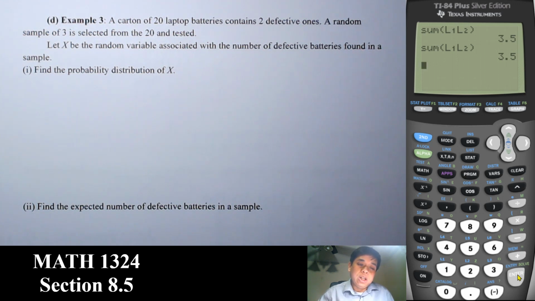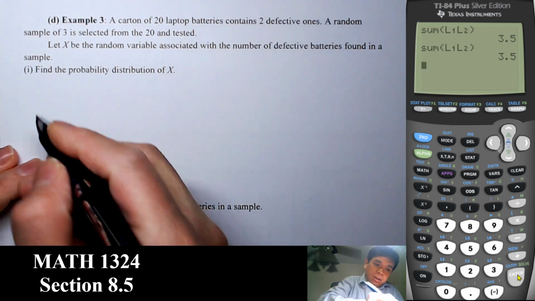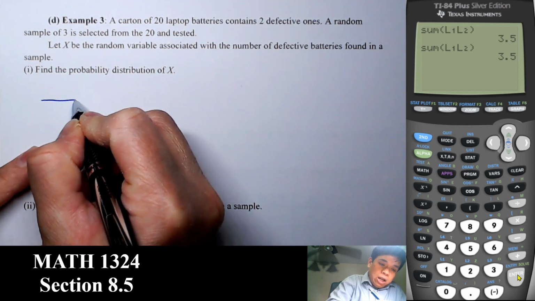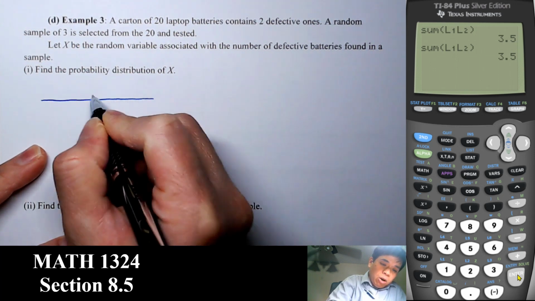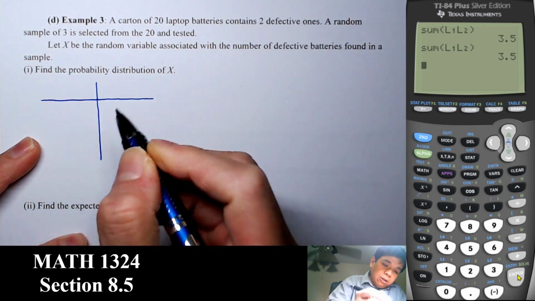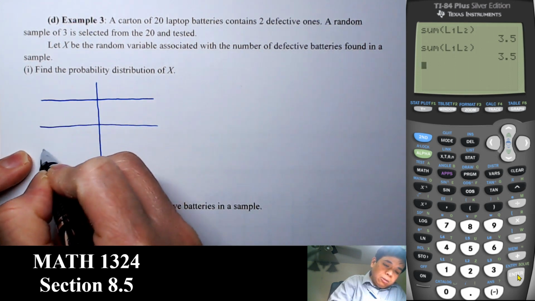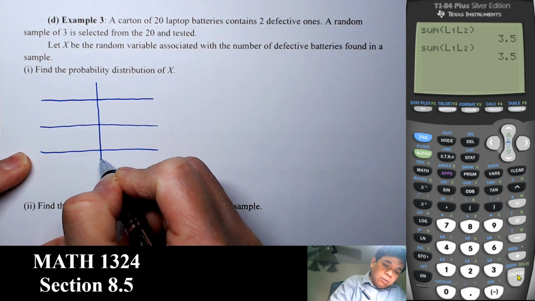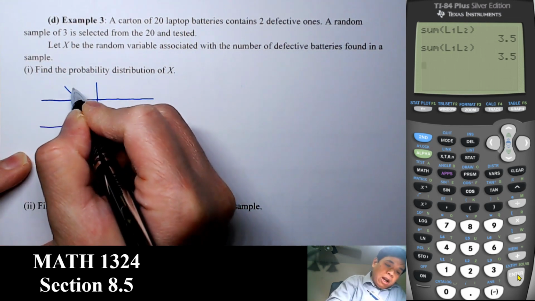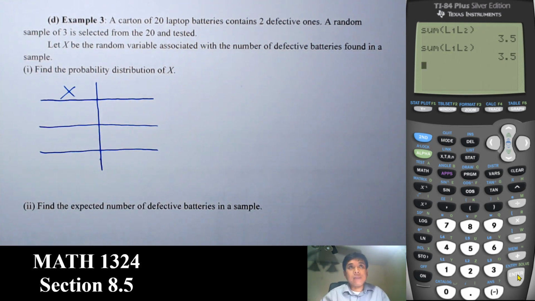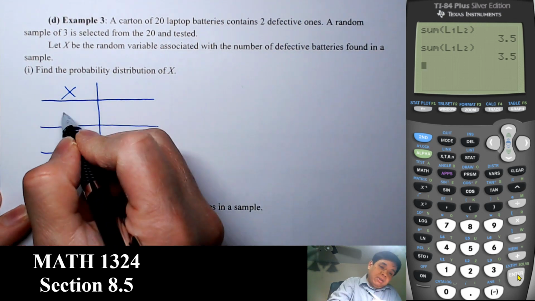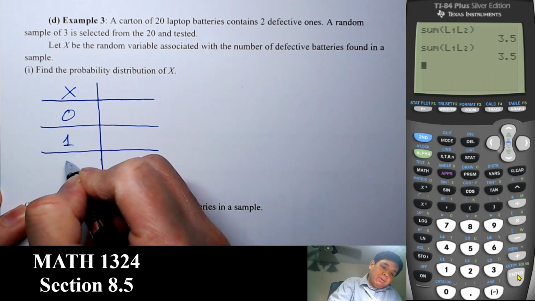Find the probability distribution of X. So there are only 2 defective ones, and we select 3. So in that case, we may have 0 defective, 1 defective, or 2 defective.